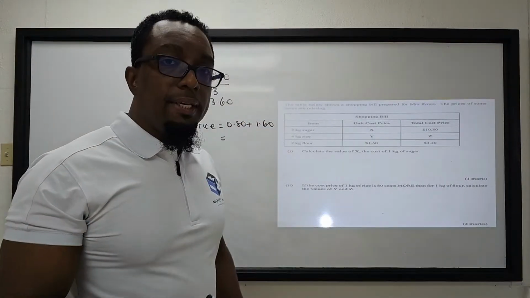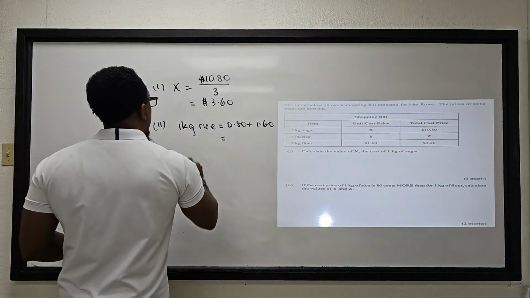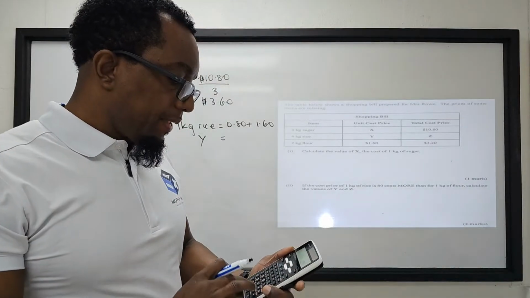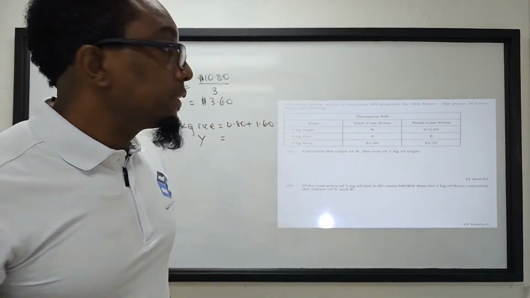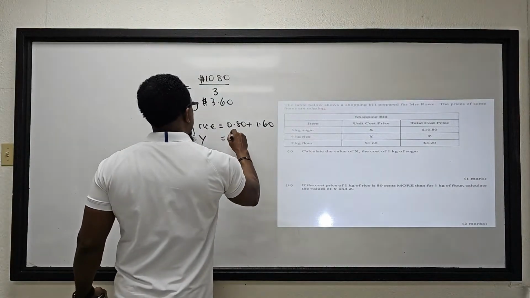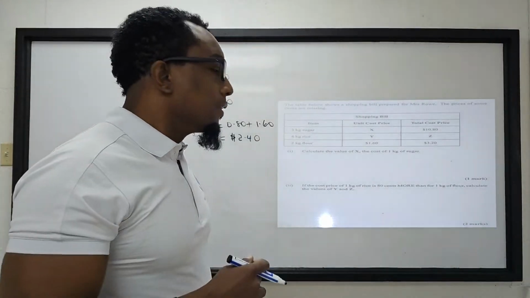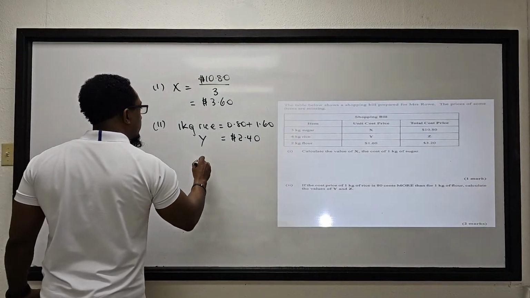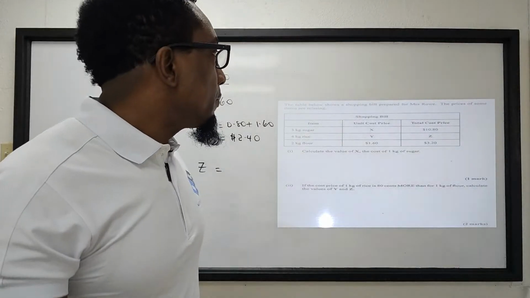So 1 kilogram of rice, which is Y, will be equal to 80 cents plus $1.60, which is equal to $2.40. So if you have to find out the value of Z, that will be straightforward.